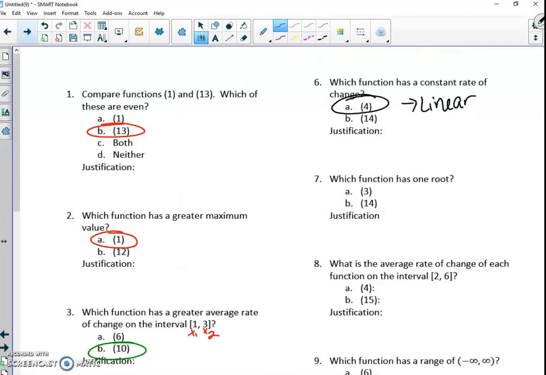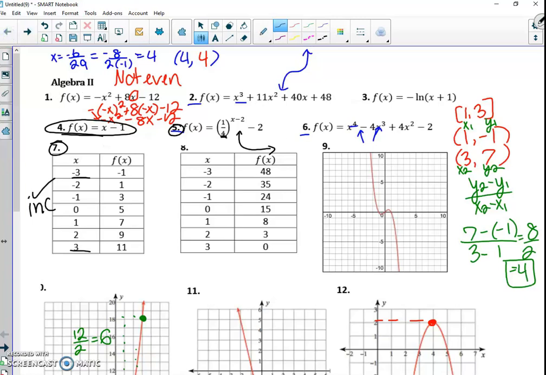Okay. Number 7, it says, which function has one root, 3 or 14? So root just means solution, which means x-intercept. So it's really asking which one has one x-intercept, 3 or 14. Okay, so let's look. 3 is an ln equation. And remember, ln equations have vertical asymptotes at the opposite of this number.